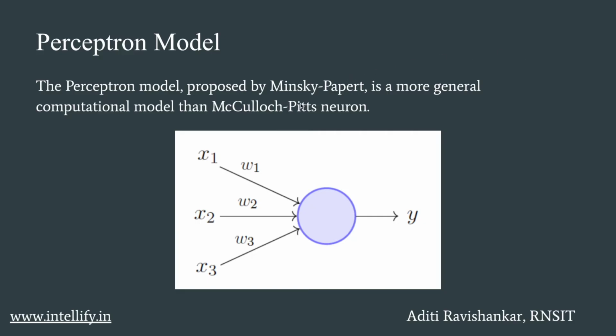The perceptron model proposed by Minsky and Papert is a more general computational model than the McCulloch-Pitts neuron that we looked at in the previous video. It overcomes some of the limitations of the McCulloch-Pitts neuron by introducing the concept of numerical weights.